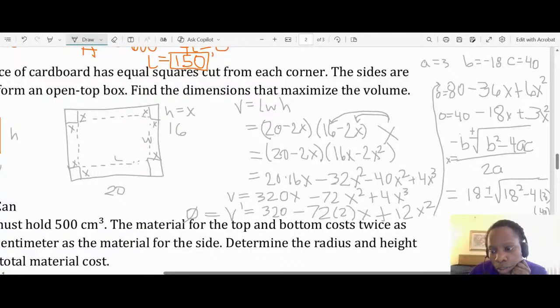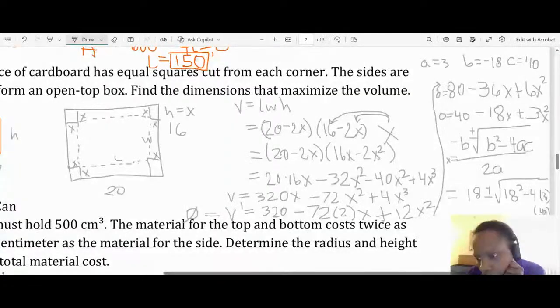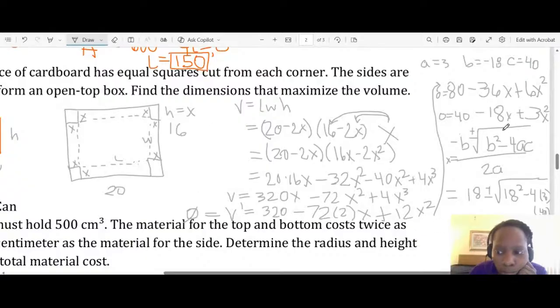That's 324 minus 480. That looks negative. That's not right. So I did something wrong.